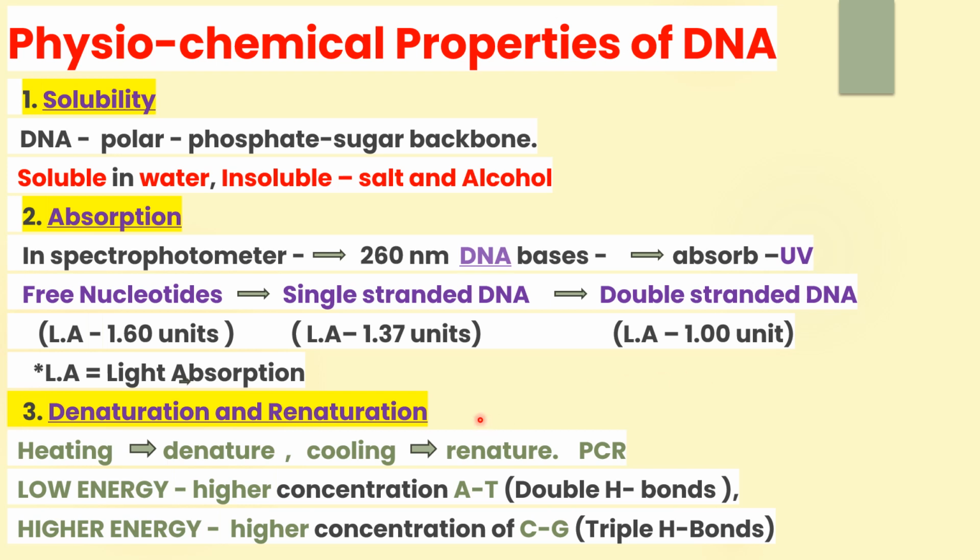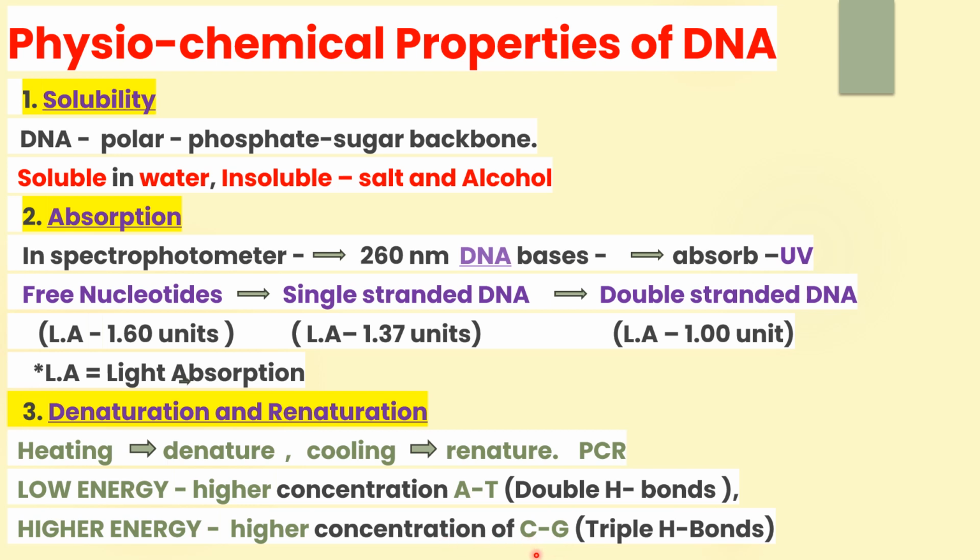Next, going on to denaturation and renaturation, based on which the PCR is built. That is polymerase chain reaction. The PCR machine makes a Xerox copy of the DNA, multiple copies of the DNA, just like a Xerox machine. So, based on this principle only, the PCR is made. How? Heating will denature it, cooling will renature it, and for heating, higher energy is required if a high concentration of cytosine and guanine is present within the DNA.